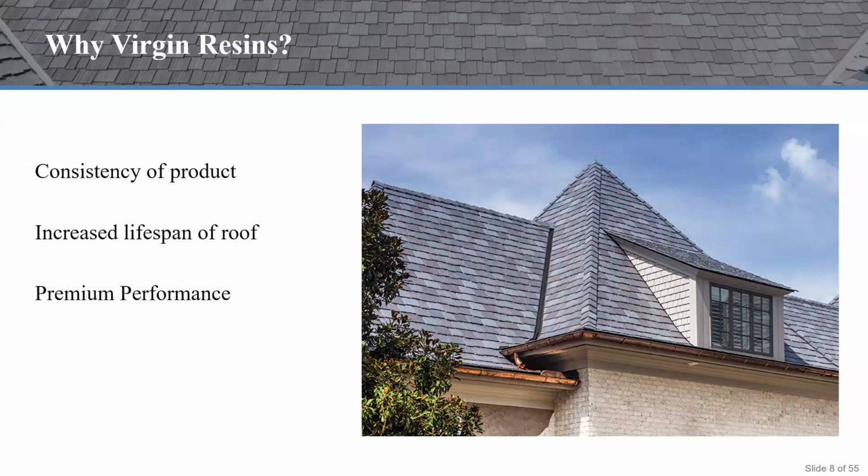And we've seen time and time again situations where products get out on a roof utilizing a non-virgin resin system, and the product discolors or slowly weathers at different rates. We get into those no-mix type situations, things along those lines. Tiles become brittle over time. And that's why we really promote and are big proponents of utilizing a virgin system.